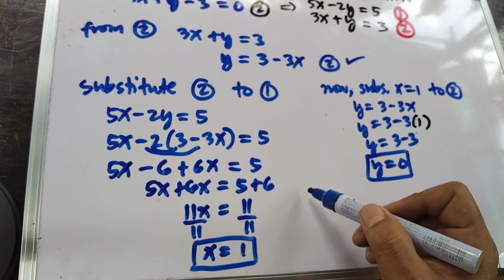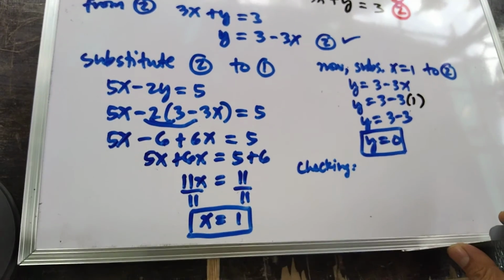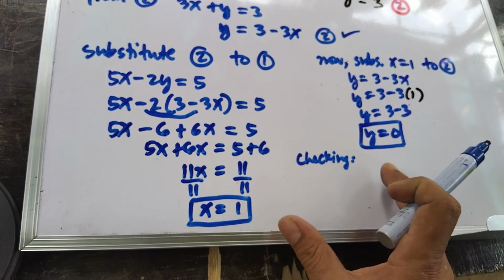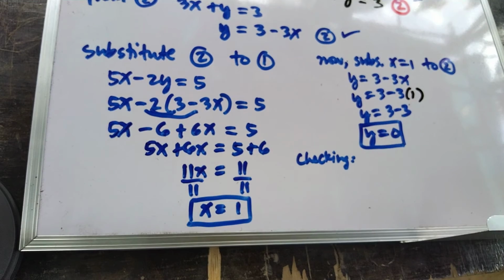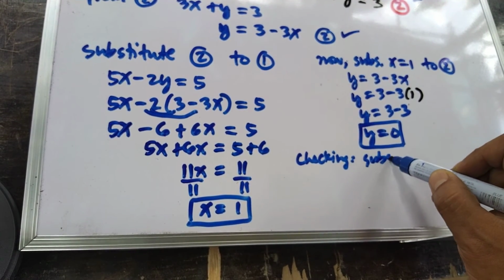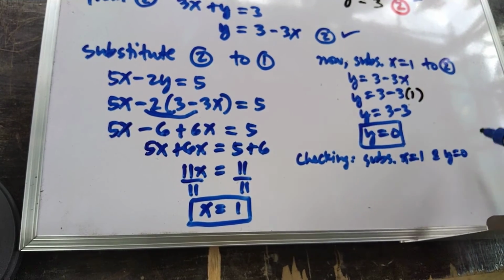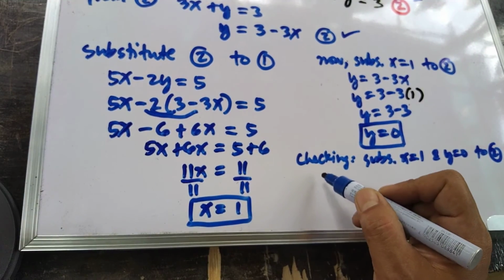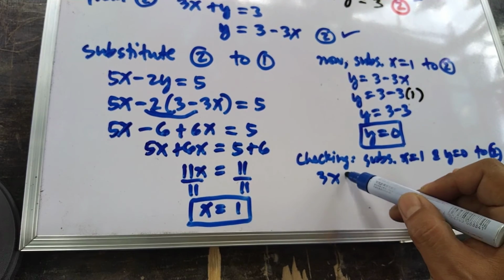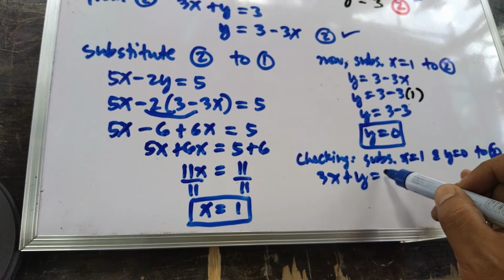So, let's check whether our answer is correct. We can use either of the two equations. We substitute x is equal to 1 and y is equal to 0 to either of the two. We choose equation 2 because it's all positive. So, you have 3x plus y is equal to 3.